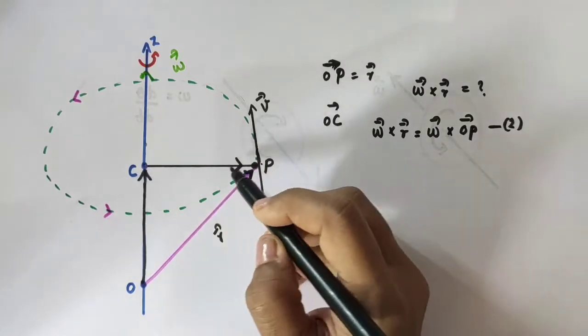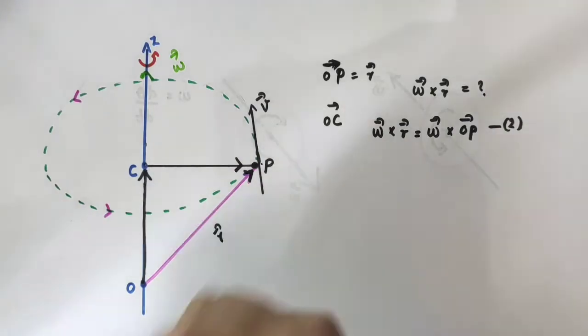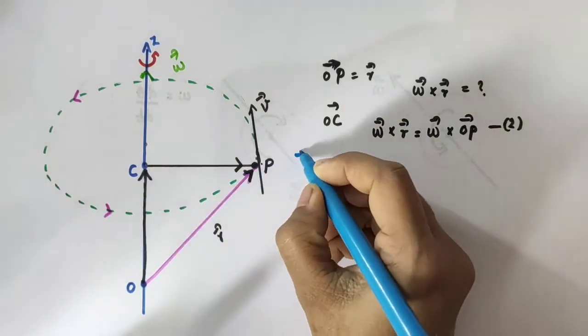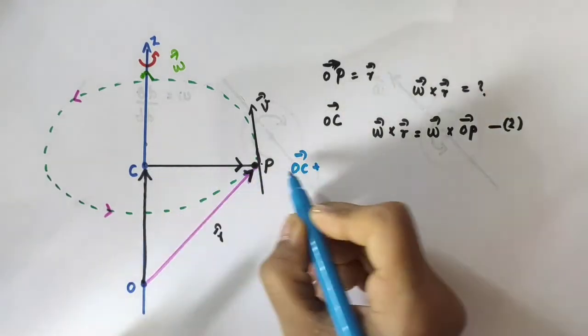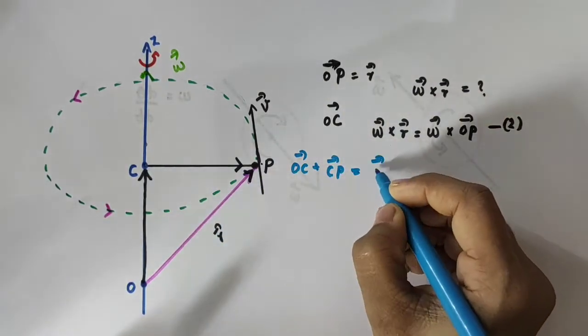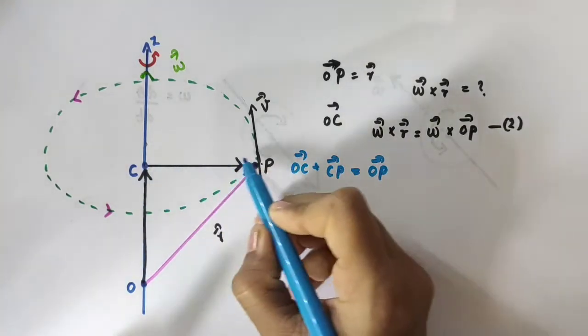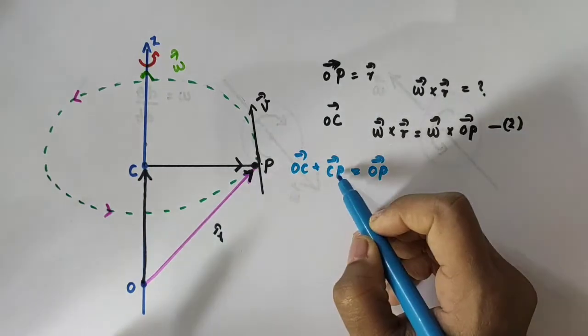So, when we apply the triangular law of vector addition here, we can write what? Vector OC plus vector CP is equal to vector OP.